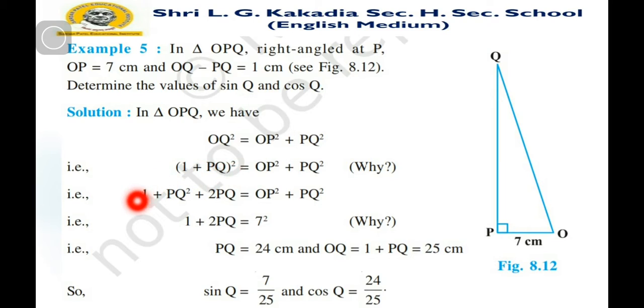Expanding it, we get 1 plus PQ square plus 2PQ. Now cancelling PQ square from both sides, we have 1 plus 2PQ is equal to 7 square, and after that PQ will be 24 centimeters.